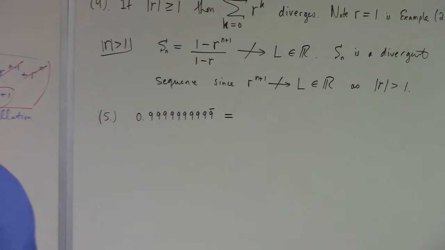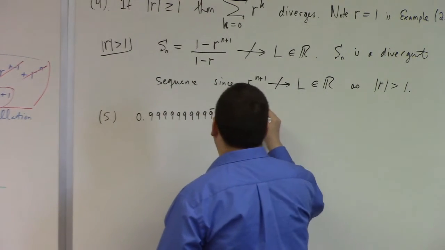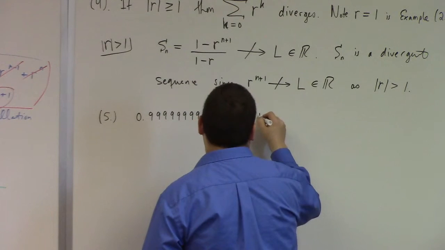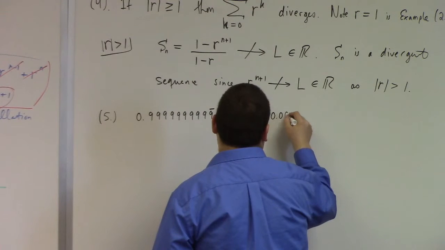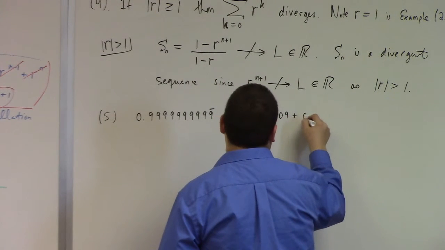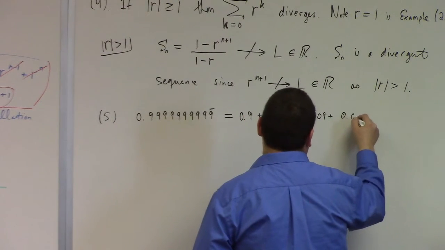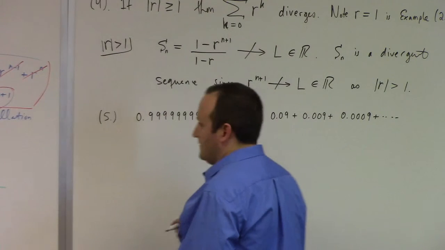What is that? Let's write it. That is really, by definition, 0.9 plus 0.09 plus 0.009 plus 0.0009 plus dot, dot, dot. That's a series.